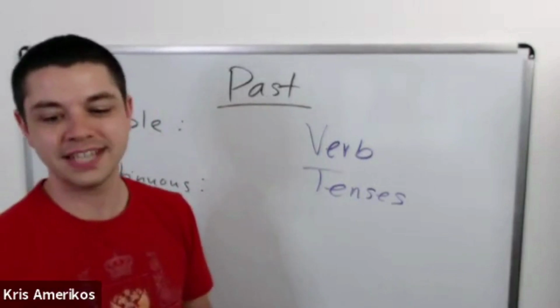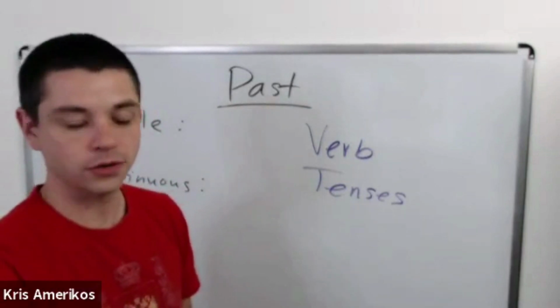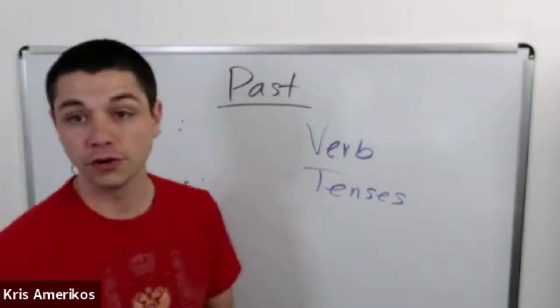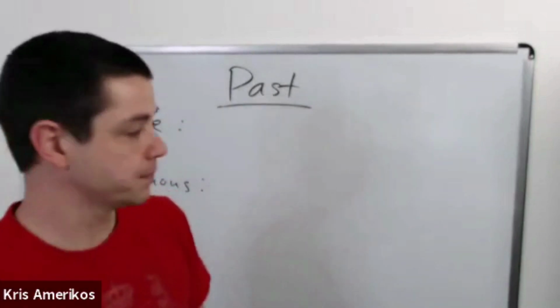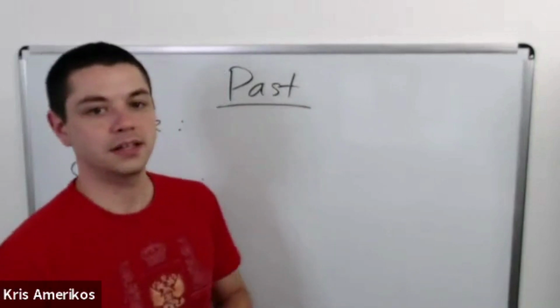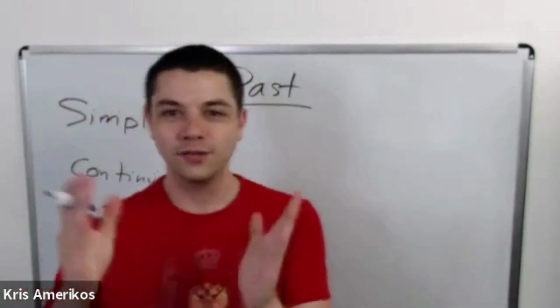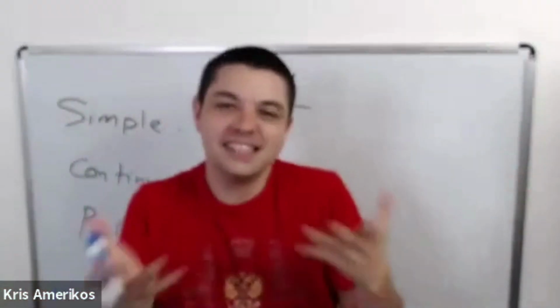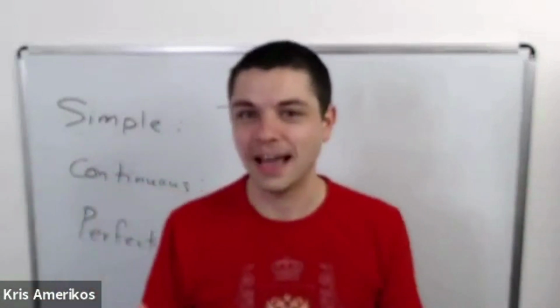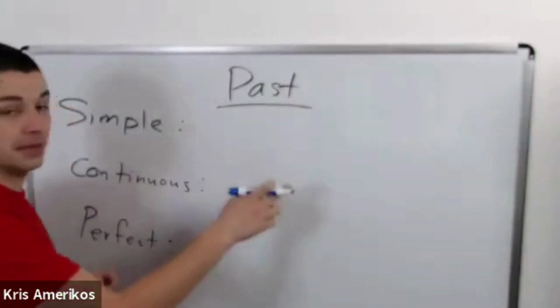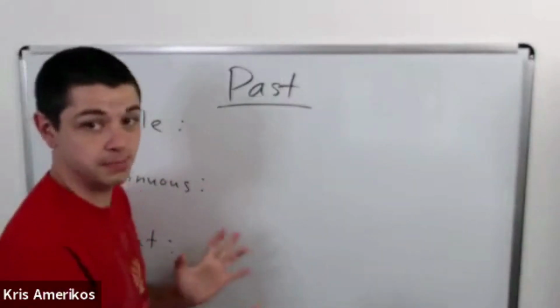These are verb tenses. So when we study verbs, we usually talk about verb tenses, because verb tenses work differently. So of course, future, present, and past, it's easy to understand as far as time when this happens. But sometimes simple, continuous, perfect, these might be different.